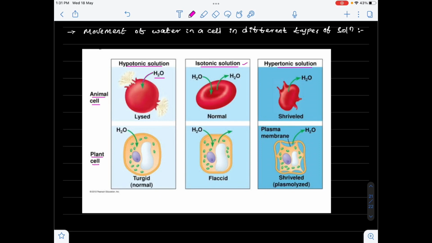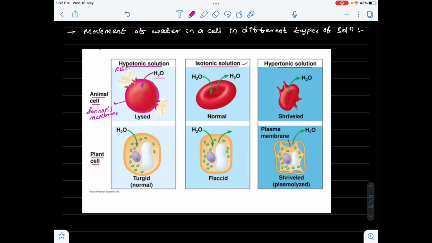So when we place an animal cell, that is a red blood cell, see here it is the RBC. Is a membrane present in RBC? Yes. The membrane of RBC is called Donnan's membrane. It was discovered by a scientist, Donnan. So it is called Donnan's membrane.